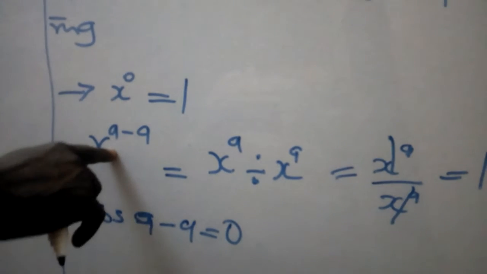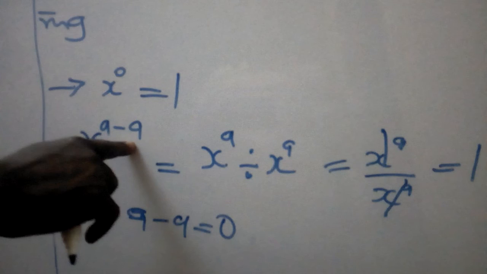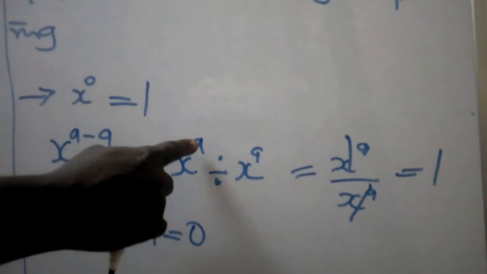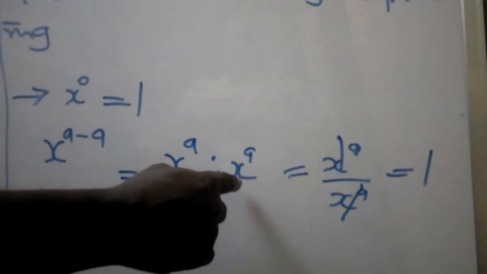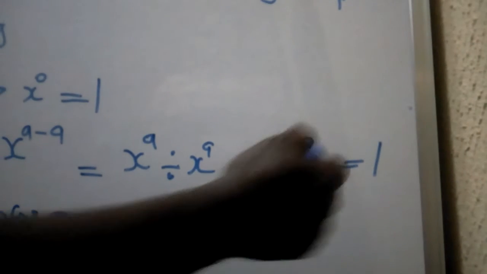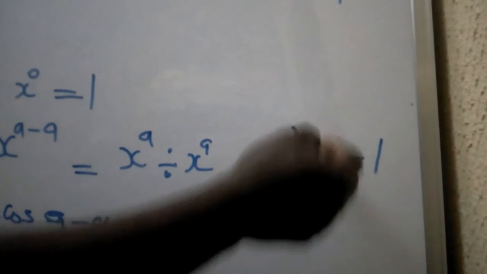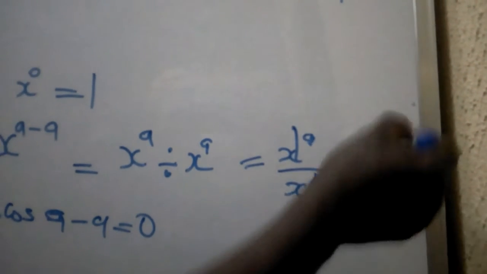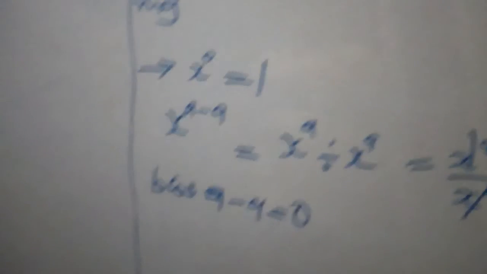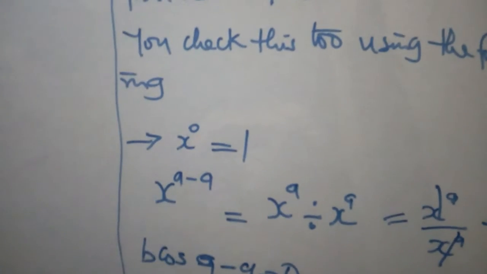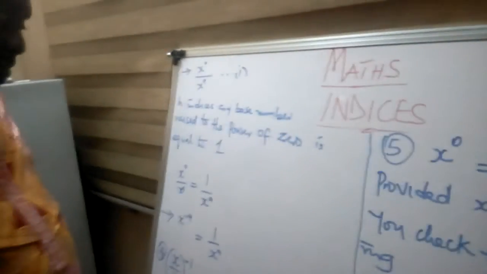But x raised to the power of a minus a could be expressed also as x raised to a divided by x raised to the power of a. And if you go by the division, x raised to the power of a divided by x raised to the power of a will give you 1. That is the solution to the question.